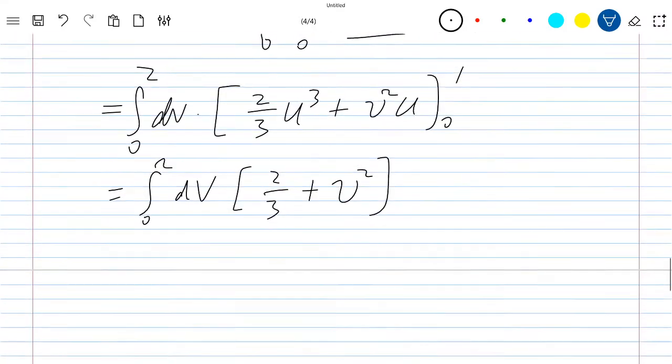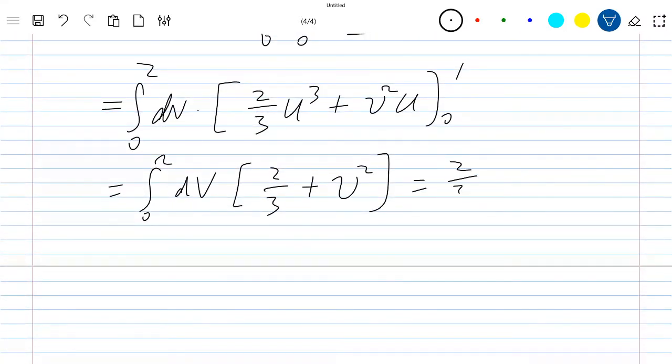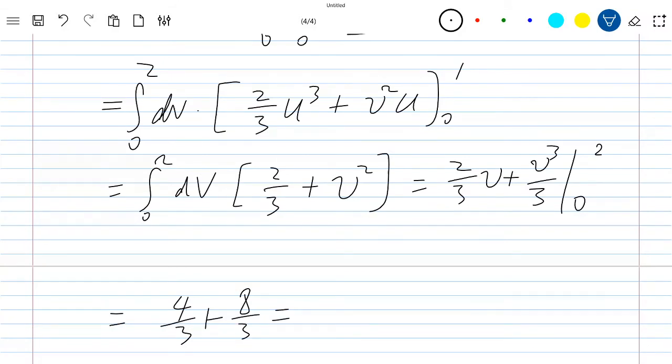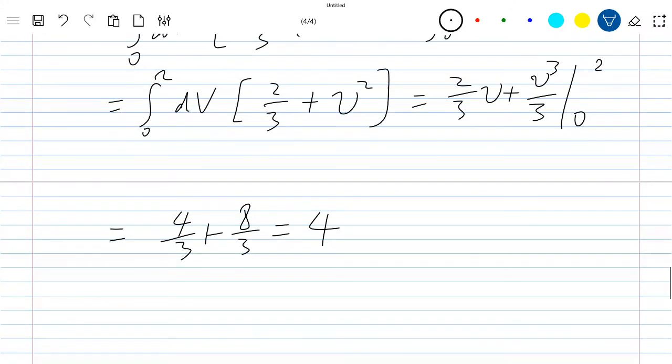Then you get 2/3 v plus 1/3 v cubed from 0 to 2, and then you have 4/3 plus 8/3, and that is 4. Oh, finally. So we get this area.